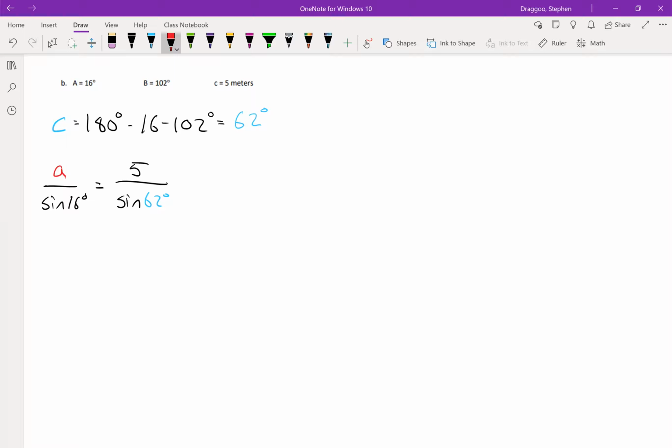So A is equal to 5 times the sine of 16 degrees divided by the sine of 62 degrees, which comes out to 1.56 meters.